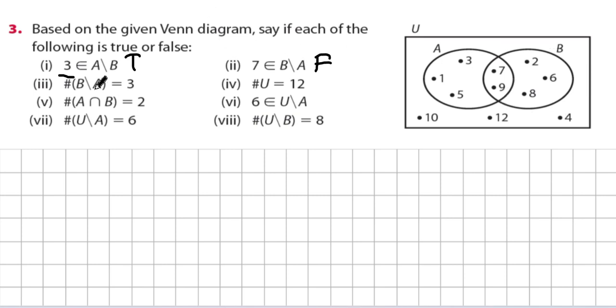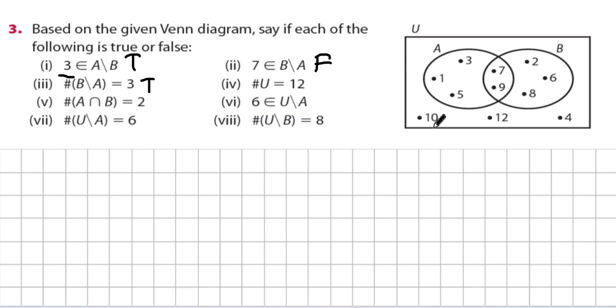Now, hashtag means how many. How many are inside of B but not inside of A? How many are part of B but not part of A? How many did we see there? 1, 2, 3. There's 3 of them, so that is true. Inside U, there's 12 items.